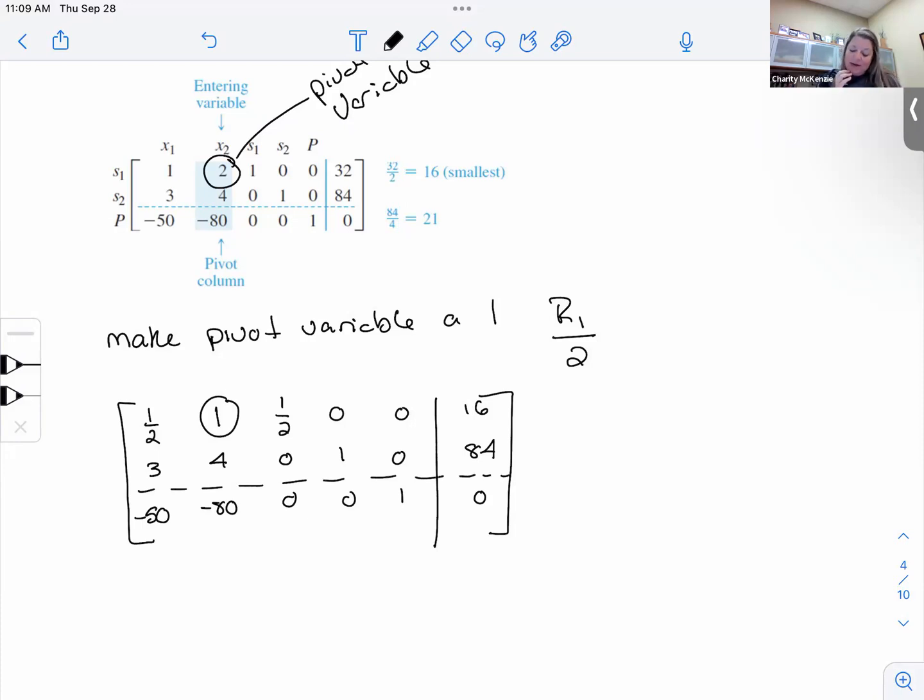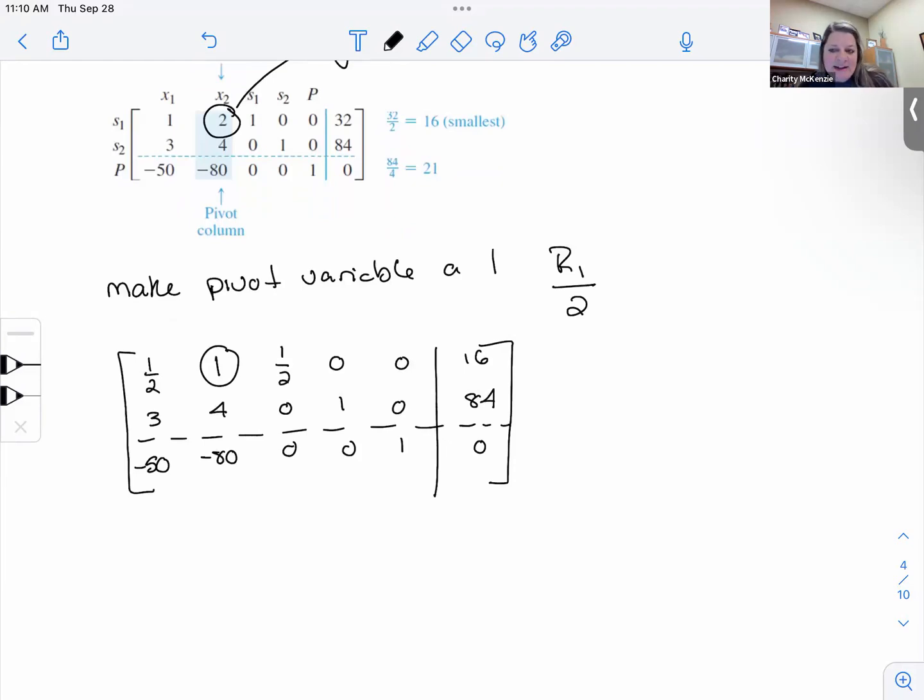Okay, so now what I want to do is I want to make the 4 and the -80 zeros. And that's going to be this one and this one. So however you want to label that for yourself, you have to make those zeros.